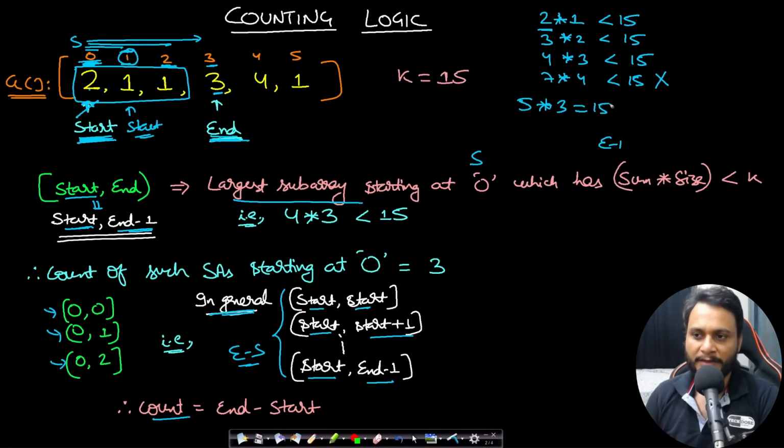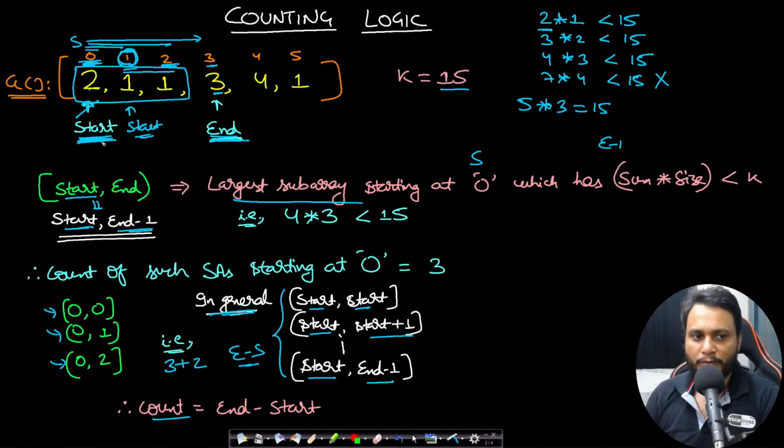It is 15, which is not less than this 15, right? So the largest subarray starting with 1 will end at 2 only. The end is not going to move. And so in that case, the count of such valid subarrays will be 1, 1 and 1, 2. That means 2 subarrays. So I will be adding 2 to the previous value 3. And this is how I will be proceeding.